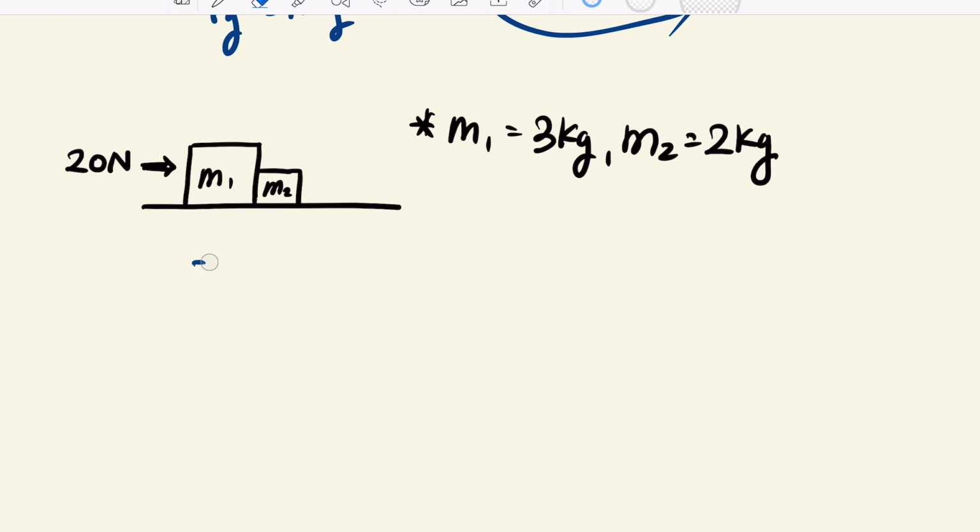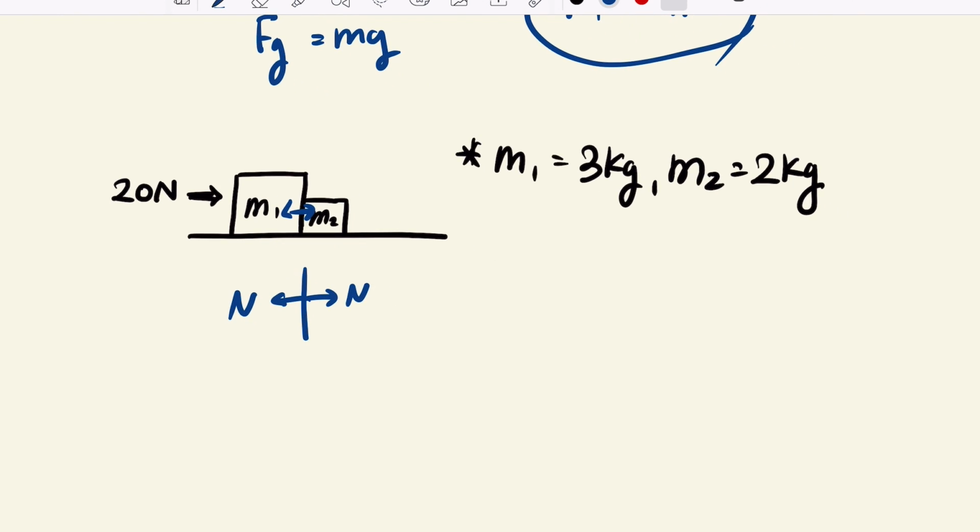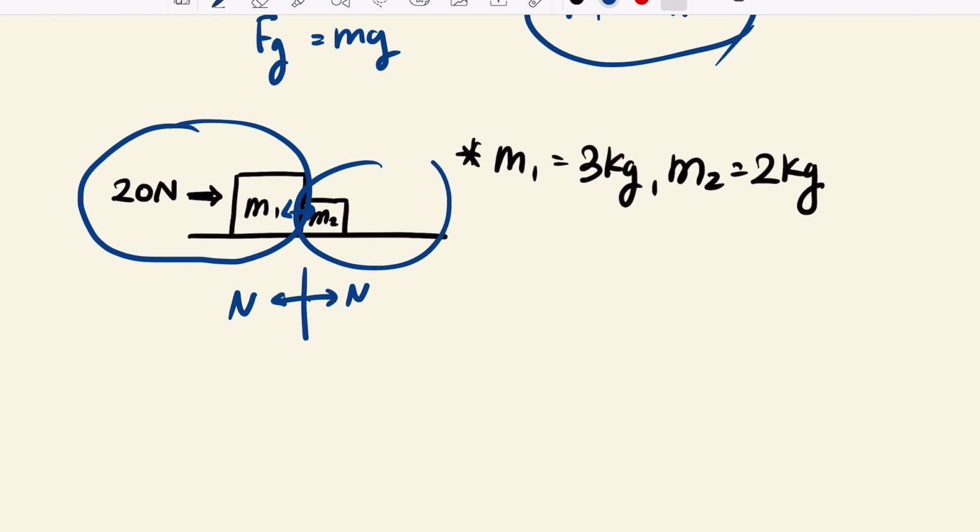So when we're solving problems, we can disregard them. But we do know that there is a normal force being acted upon between the two boxes. So if we zoom in, we can say that's also n. We will write two different equations for two different boxes because it's easier to understand.